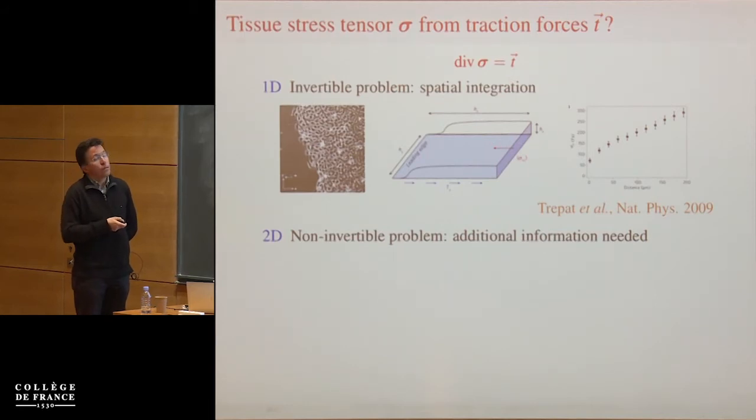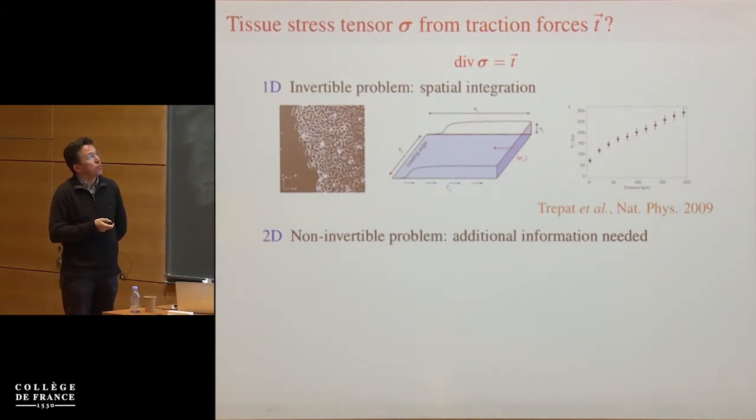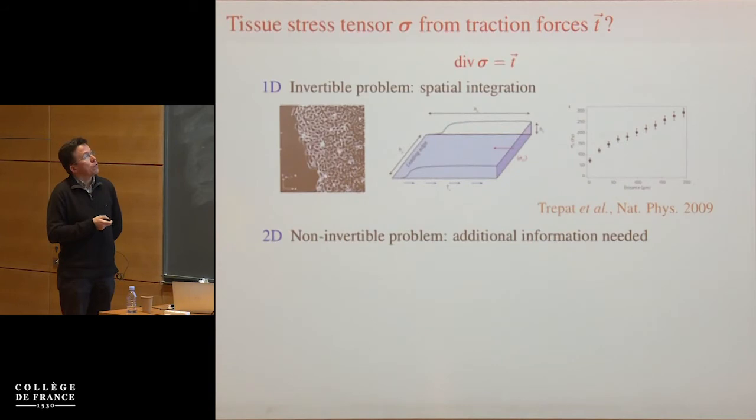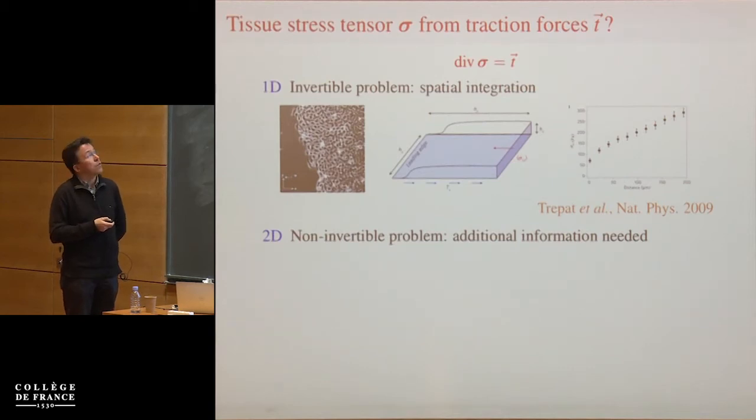The data is a vector field, so we have two components per spatial or spatio-temporal point, whereas the stress field is a tensor, in practice a symmetric tensor, which means that we have three components per point in space or in time. Discretizing this equation, the resulting system of coupled linear equations is not square.